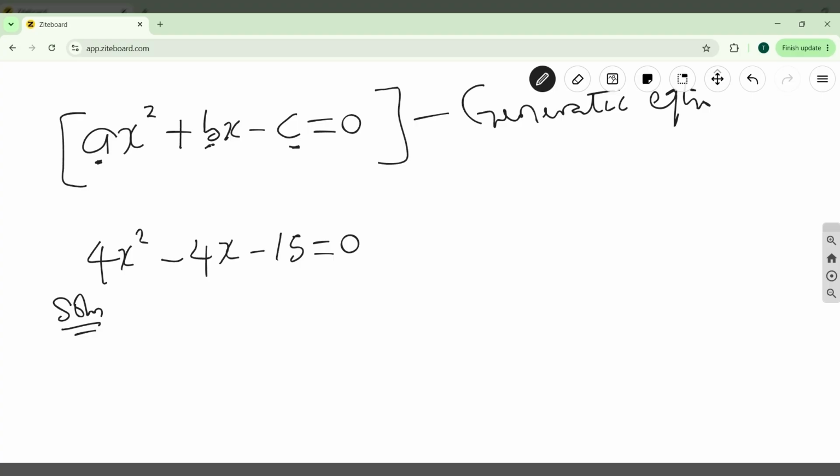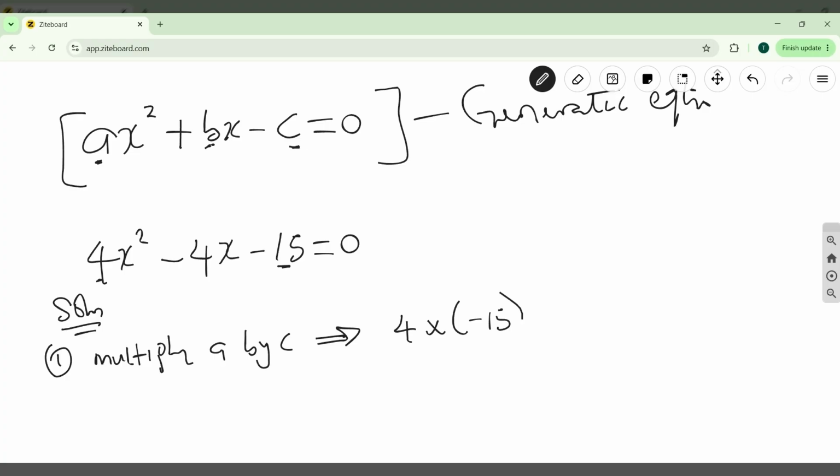What's our a? Our a is 4, our c is negative 15. So a by c gives us 4 multiplied by negative 15, and that's going to give us negative 60.